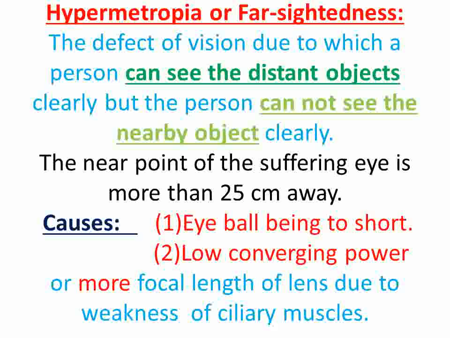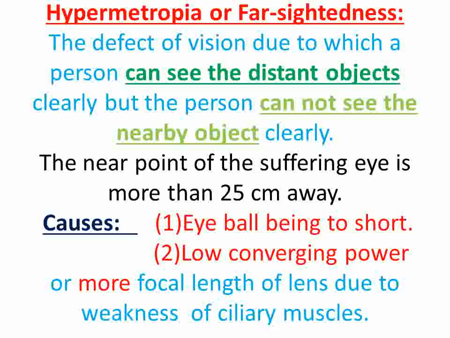Hypermetropia. This is far-sightedness, another defect of the eye. Definition: the defect of vision due to which a person can see distant objects, such as stars, clearly, but cannot see nearby objects. In old age we have seen that our grandfather and grandmother read newspapers using specs.